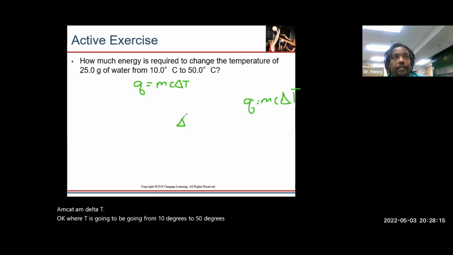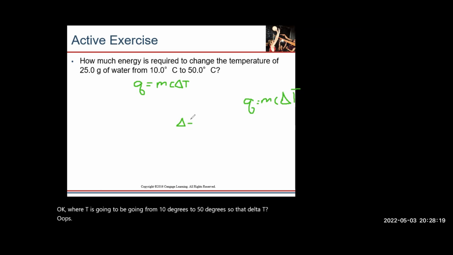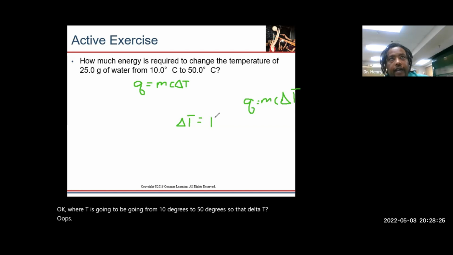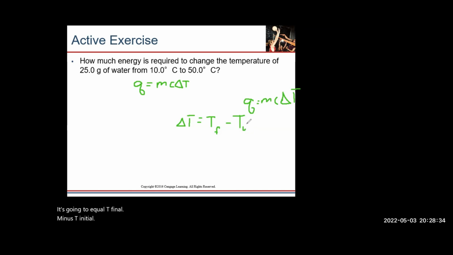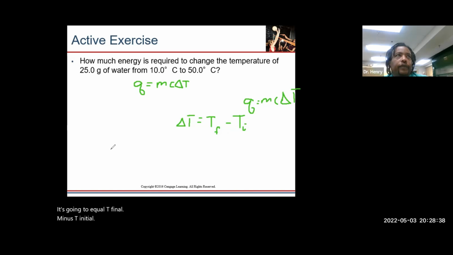So that delta T is going to equal T final minus T initial. We know that M in this case is 25.